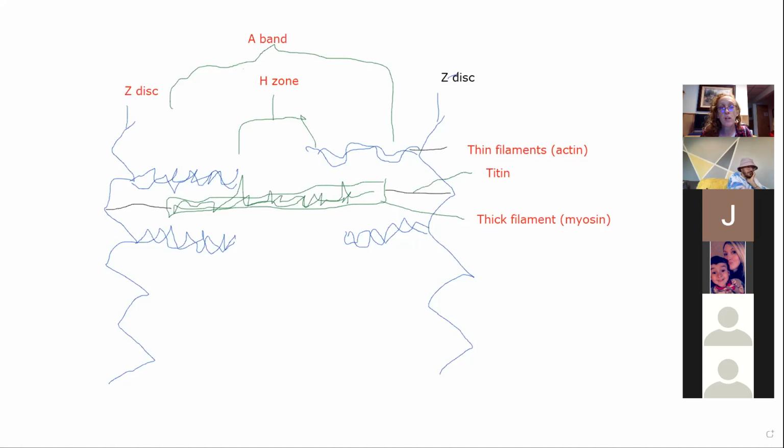So one more thing that we need to talk about is from right here. Here's my next sarcomere. Oh, and of course it was supposed to be blue. It wasn't supposed to be that.